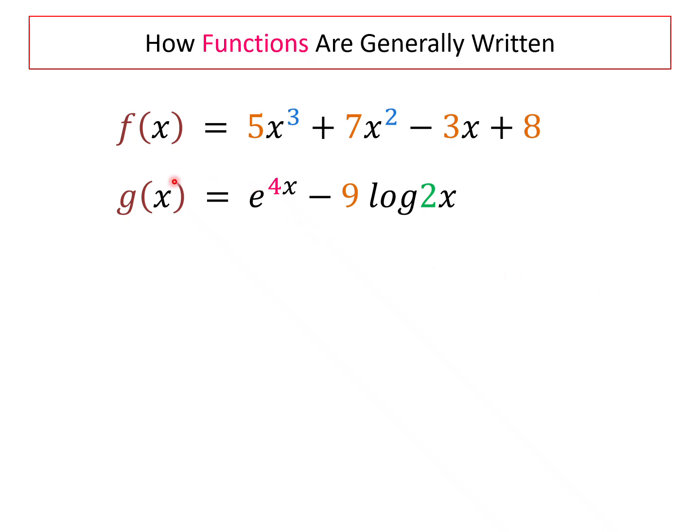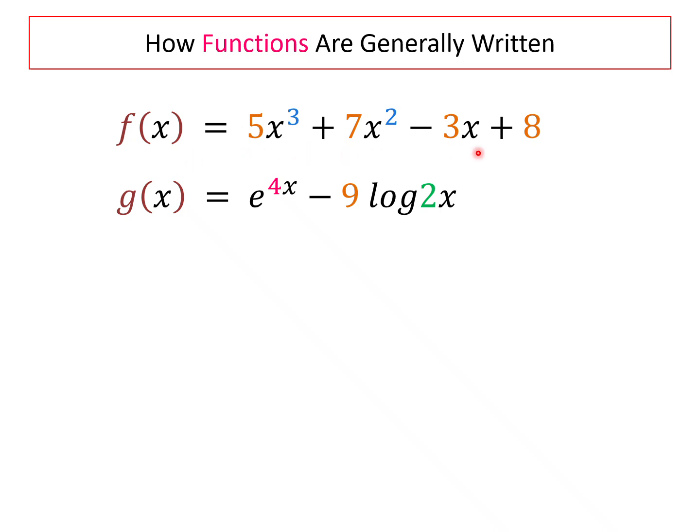Now we'll discuss how functions are generally written. So here we have written f of x is equal to 5x cube plus 7x square minus 3x plus 8. Now why have we written f of x here?